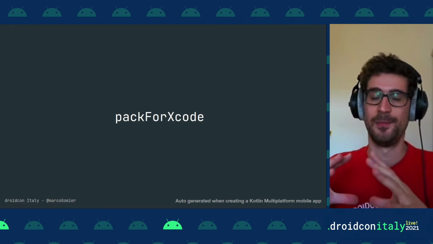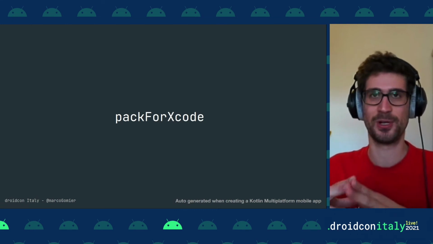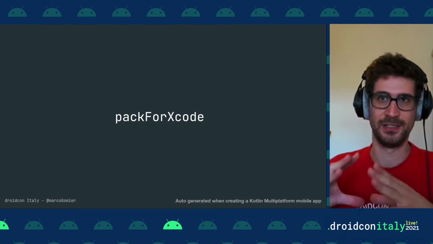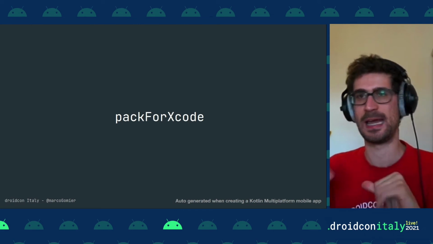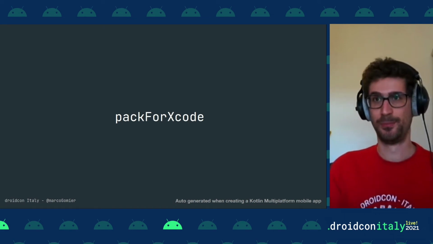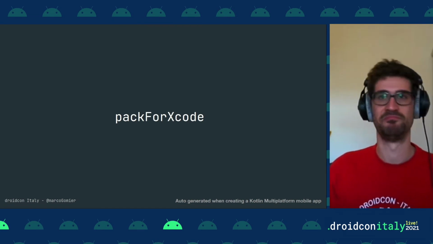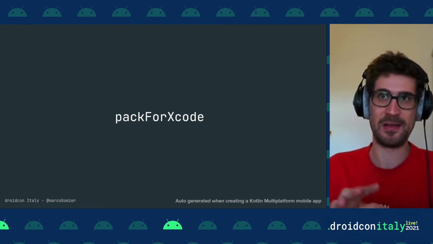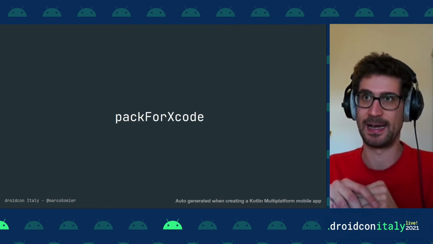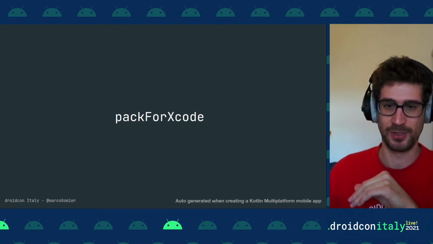So they are building a framework and putting it in the build folder inside your project, and then the Xcode project is pulling that library automatically, let's say. And that kind of framework is built with a Gradle task called packForXcode.